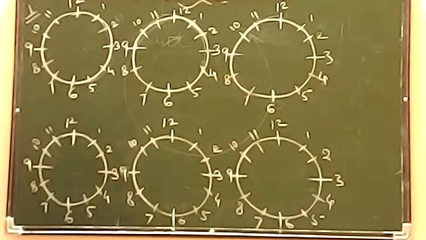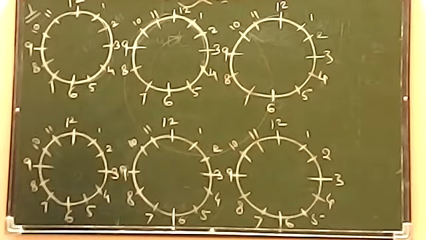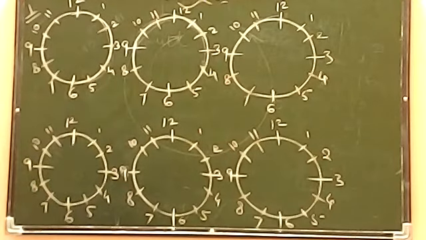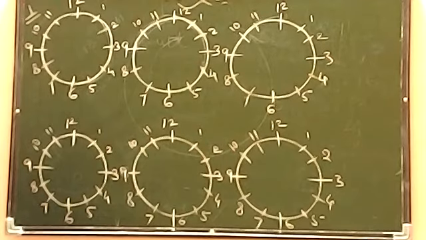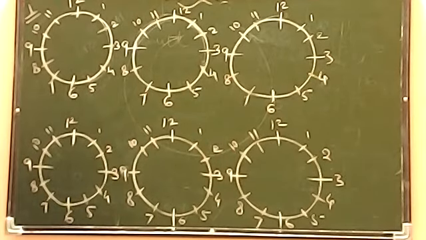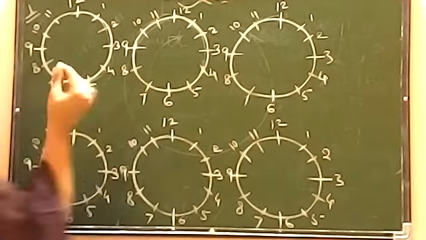The first question is asking, what fraction of a clockwise revolution does the hour hand of a clock turn through when it goes from 3 to 9? Look here for the first one.